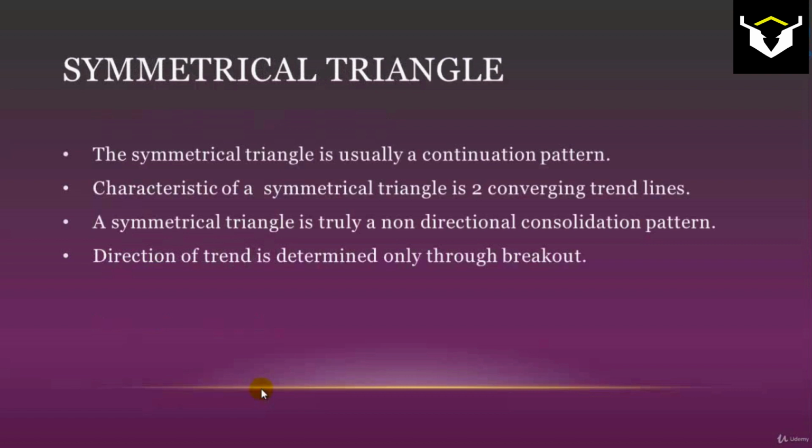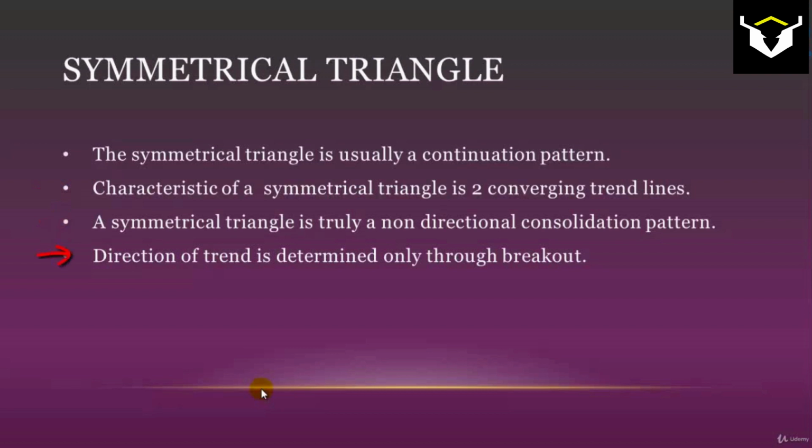So our first triangle is the symmetrical triangle. The symmetrical triangle is usually a continuation pattern. Characteristics of a symmetrical triangle are two converging trend lines. Both trend lines converge at almost the same degree. A symmetrical triangle is truly a non-directional consolidation pattern.